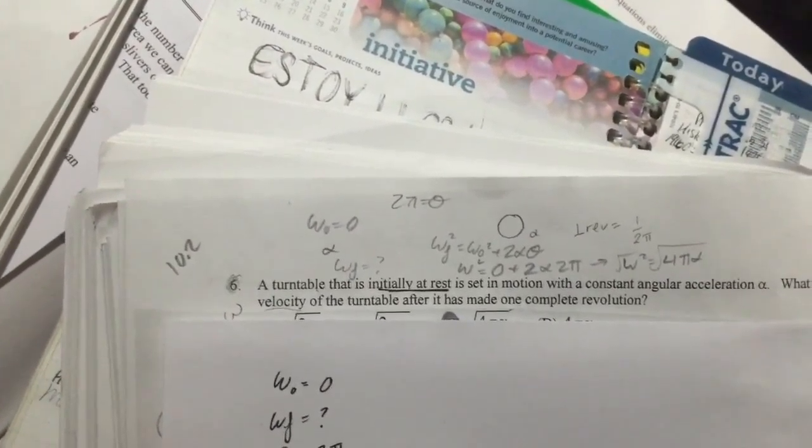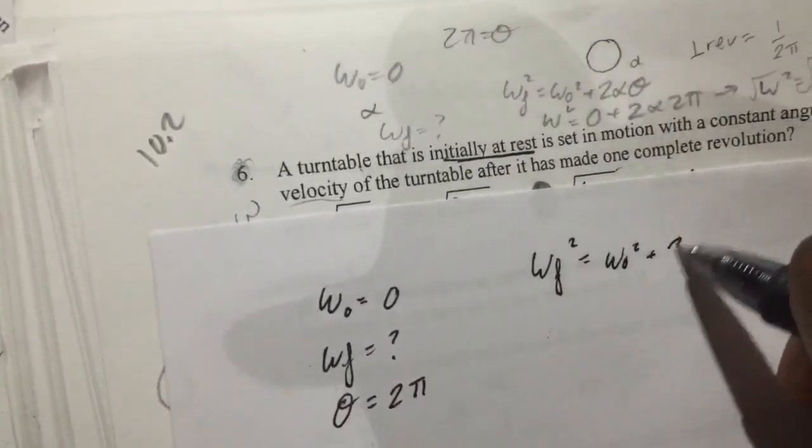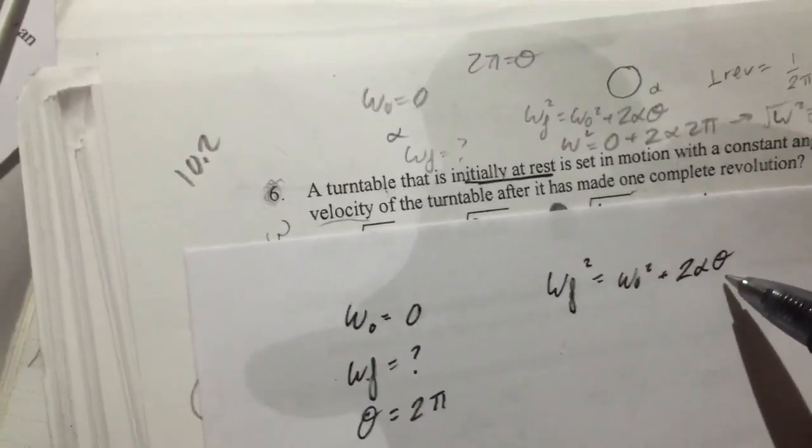And then from there, you have to determine which kinematic formula you would use to solve for the angular velocity. So I chose to use that the final angular velocity squared equals the initial squared plus 2 times the angular acceleration times the angular displacement.